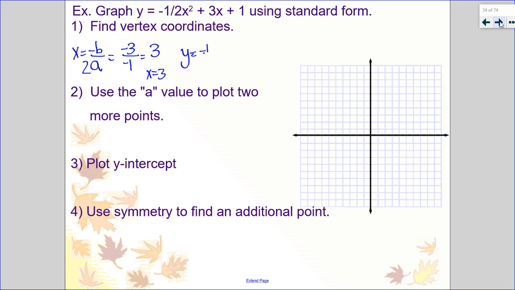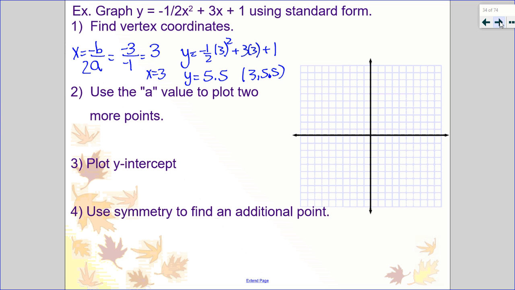So y equals negative 1/2 times 3 squared plus 3 times 3 plus 1. Okay, so that means the coordinates of our vertex is 3 comma 5.5.